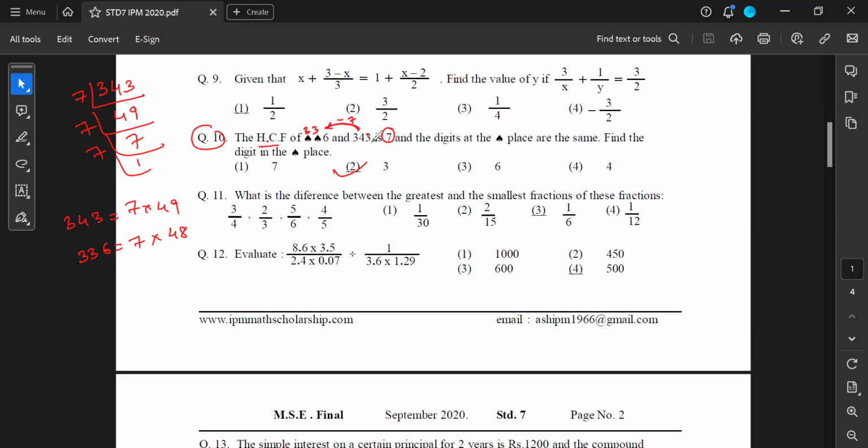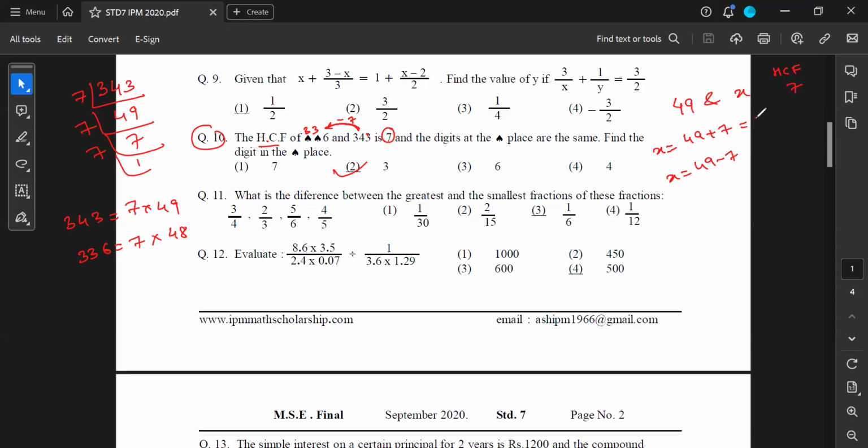Just for example, if let's say 49 and X have HCF as 7, and they are asking what is X. I'll give you two possibilities of X. One is 49 plus 7 can also be X, and 49 minus 7 can also be X. Both are correct answers.